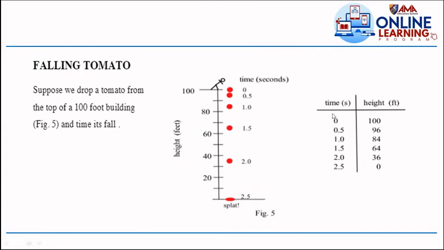So, pag titingnan po natin yung first column natin, we have a common difference of their time interval. 0.5, 1, 1.5, 2.0, 2.5. Pero yung paghulog po niya, parang hindi siya uniform. Dito, uniform yung interval po natin. Pero dito, hindi. At 0.5, we have 96, 1, 84, 1.5, 64, 2, 36, 2.5, nasa ground na siya.